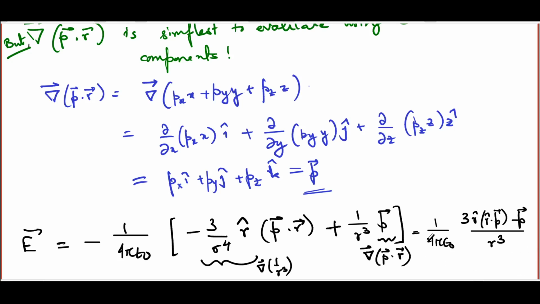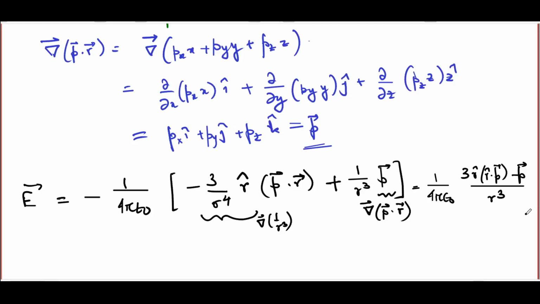Collecting all of these terms together, you get 1 by 4 pi epsilon 0 and overall 1 over r cube. Here you do have an r to the 4, but this r vector can be written down as r times r hat. So if you go to that, you end up with an overall 1 by r cube. So taking care of the minus sign here, you end up with 3 r hat dot p minus p vector by r cube.